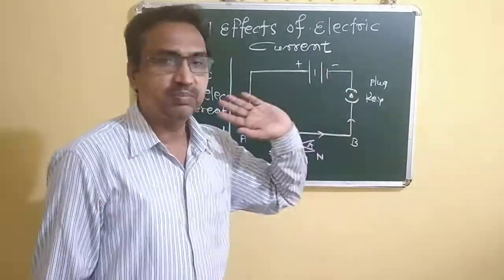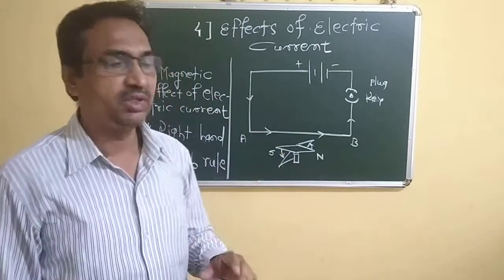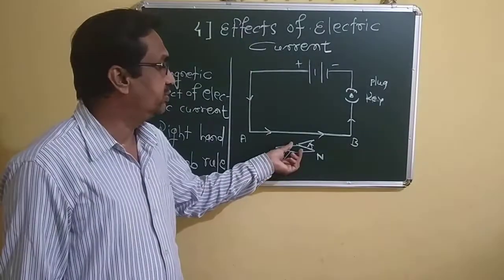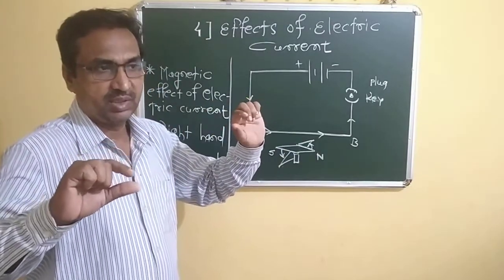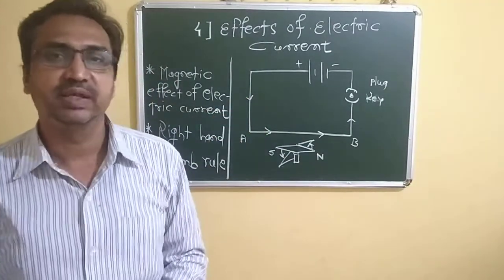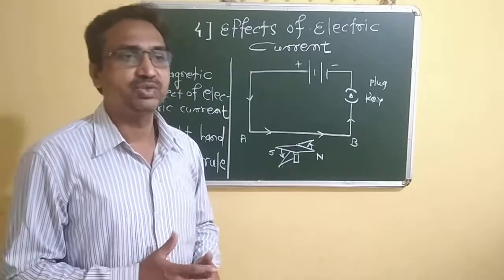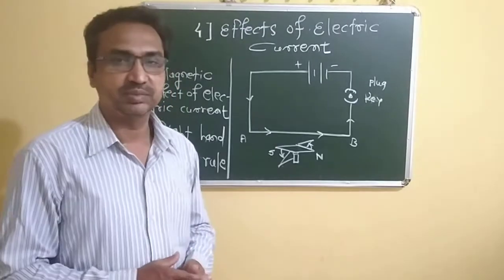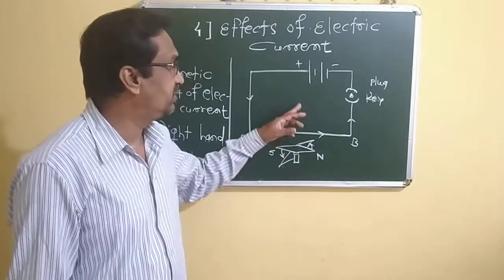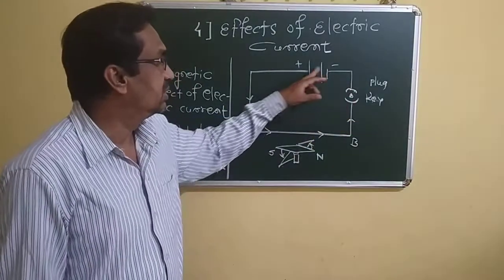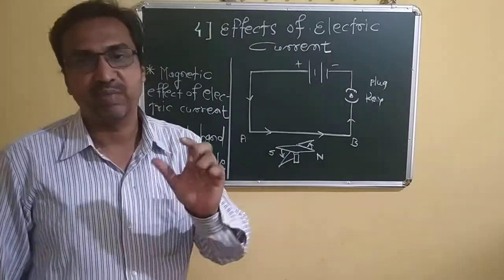If we open the key, if we remove the key, the magnetic needle once again regains its original position. So we can conclude from this activity that there should be some relation between the electric current flowing in the electric circuit and the deflection in the magnetic needle.